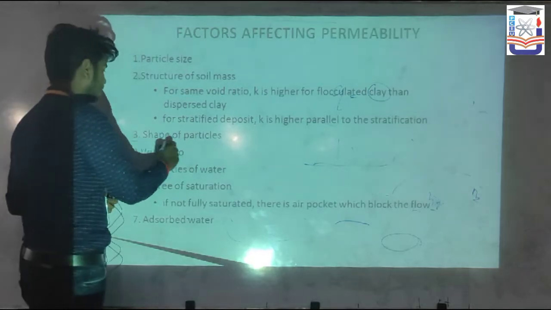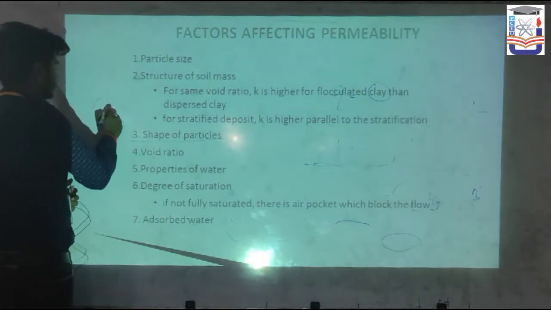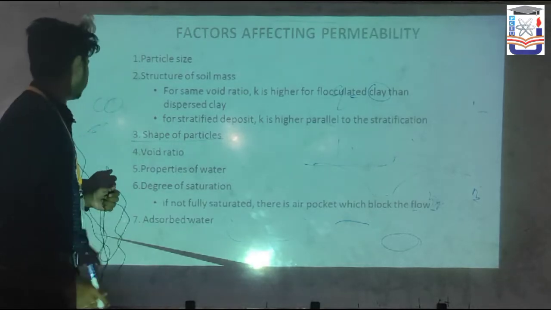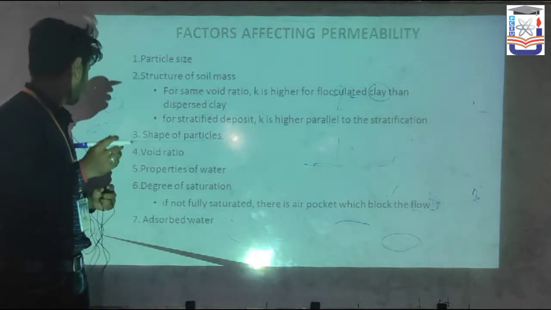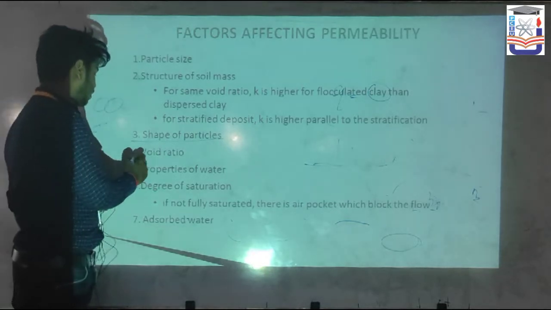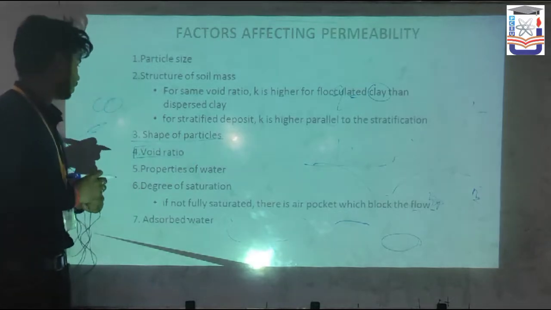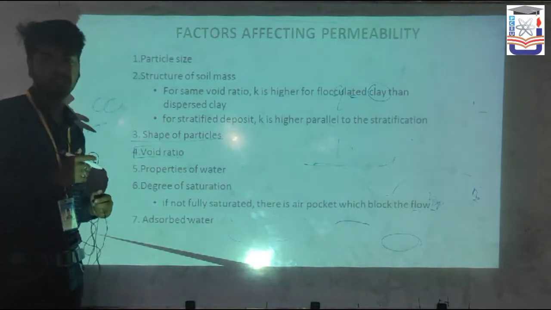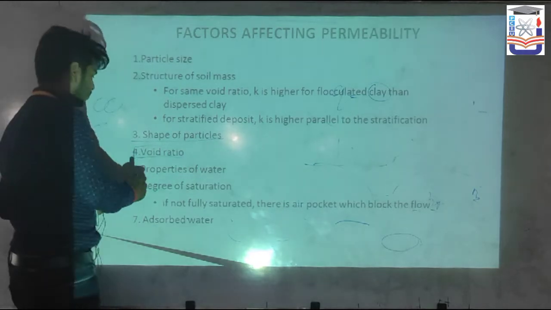The shape of the particle: we know that for soil there are many shapes, like rounded shape and angular shape. For the rounded shape, the permeability will be high, and for the angular shape, the permeability is low. And the void ratio: for soil where the void ratio is large, the permeability will be high.